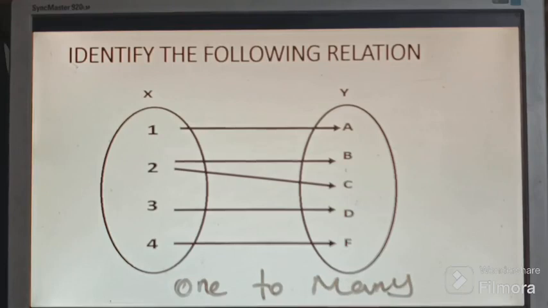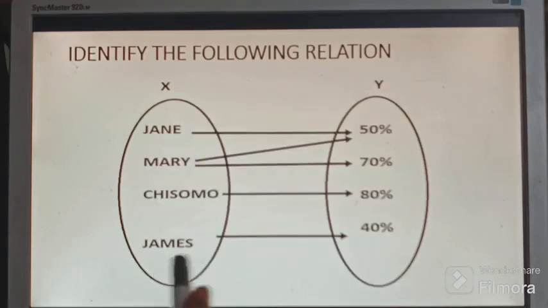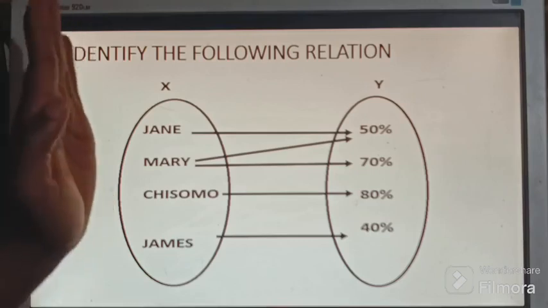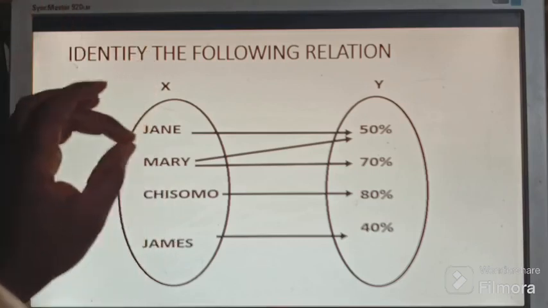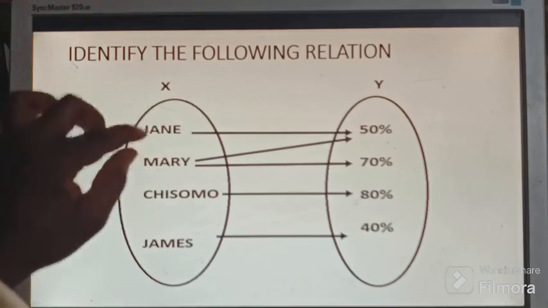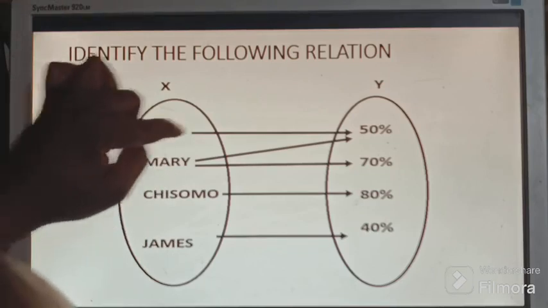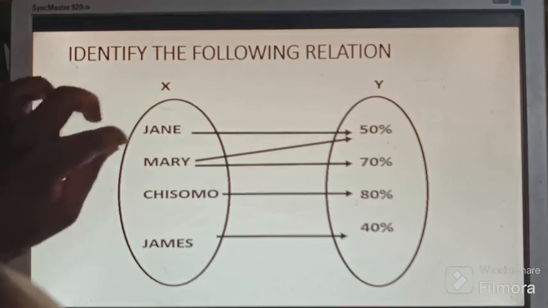Let's look at another one. What type of mapping are we given here? Can we identify it? If you look at it closely, again, the trick is the arrows. Let's start from the point of view of our domain. Always start with the domain. From the domain, we have Jane, with only one arrow starting from Jane.